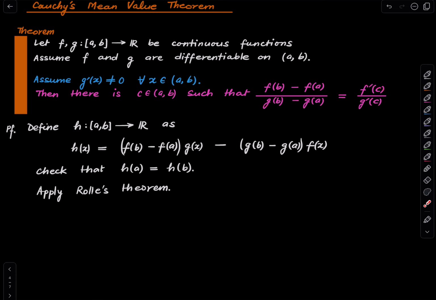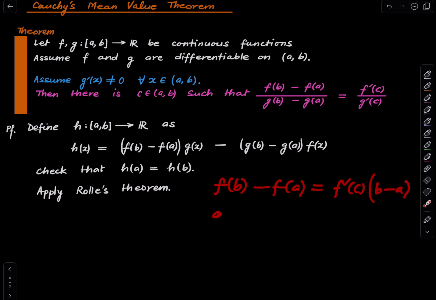Let me just state a few things about where is the content. So if we just applied mean value theorem to f, we would obtain a c such that f of b minus f of a is equal to f prime c times b minus a. We would get that.